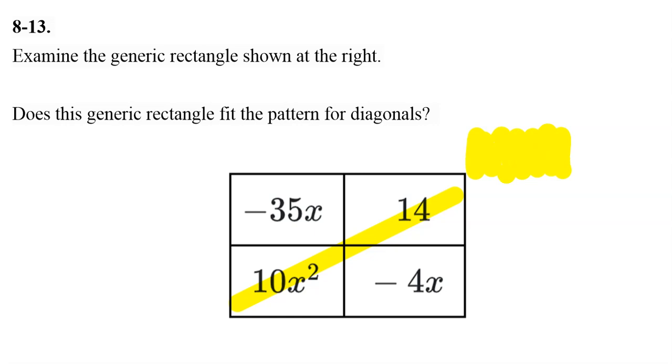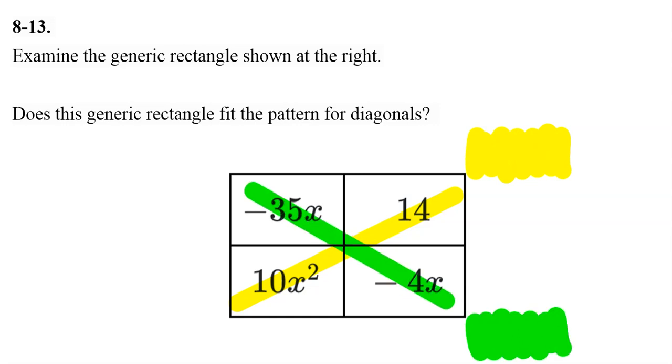Does that match up with negative 35x times negative 4? Well, we already know that a negative times a negative is a positive, and x times x is x squared, so we've already got our x squared. The only thing is, 10 times 14 is 140. So the question is, does negative 35 times negative 4 also equal 140?